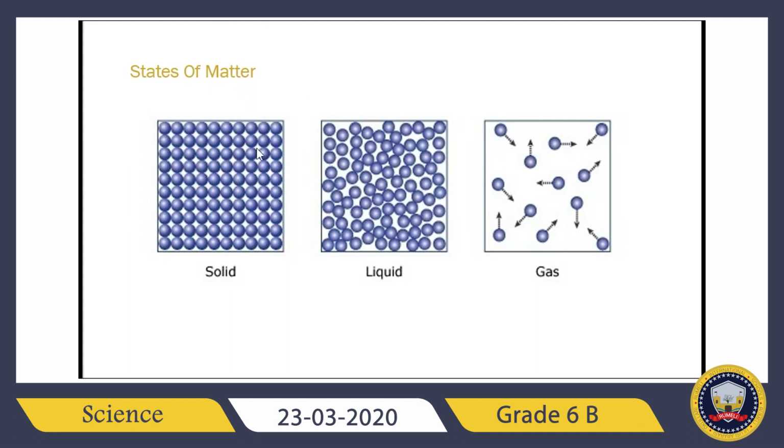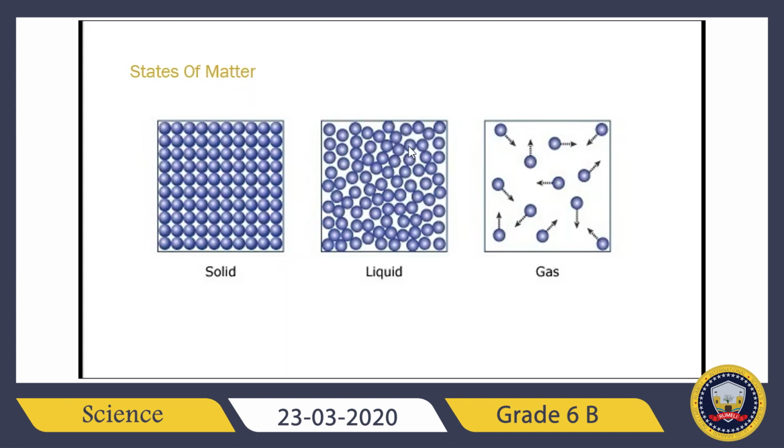So now let us move to discuss the second state, which is the liquid state. If I ask you to describe the arrangement of the liquid particles, what can you answer? Okay, yes, we can see that there are small spaces between the particles of the liquid matter, and still these particles can touch each other.